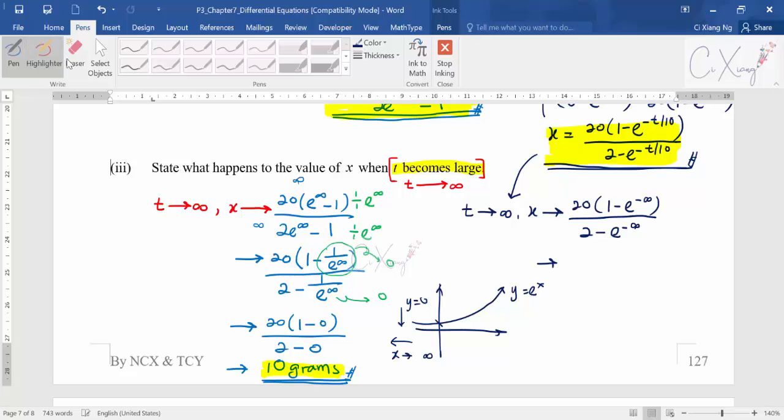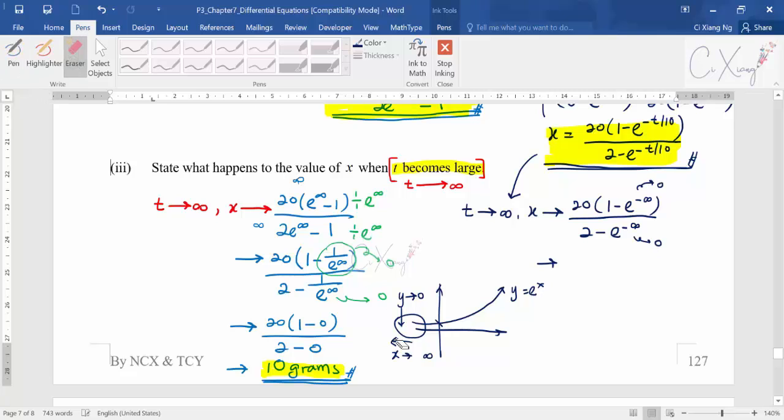Not to say 0, but very, very close to 0. You can see that here, y is getting closer and closer to the x-axis, which means the value of y is getting closer and closer to 0 when e has power negative infinity. That's why this value itself is 0. This value itself is also 0.